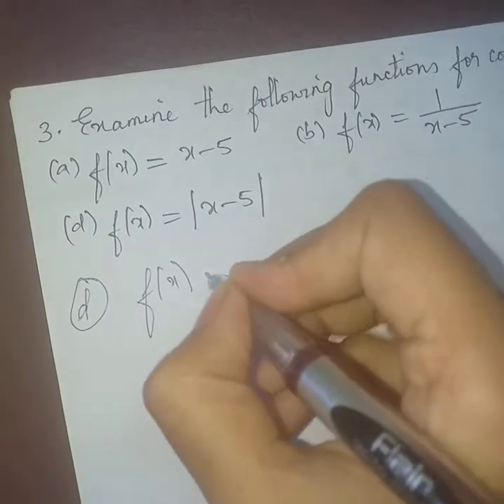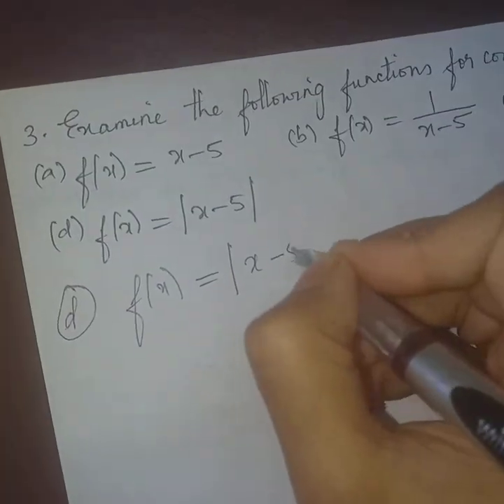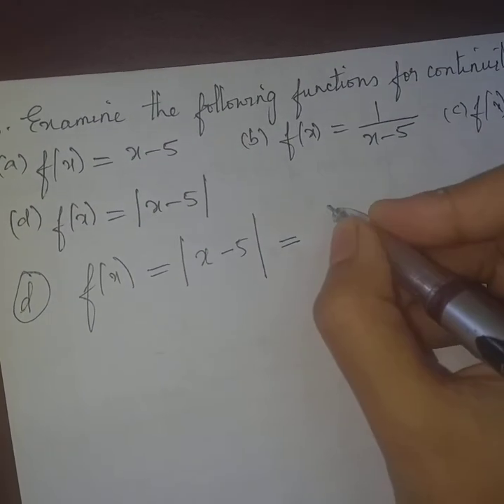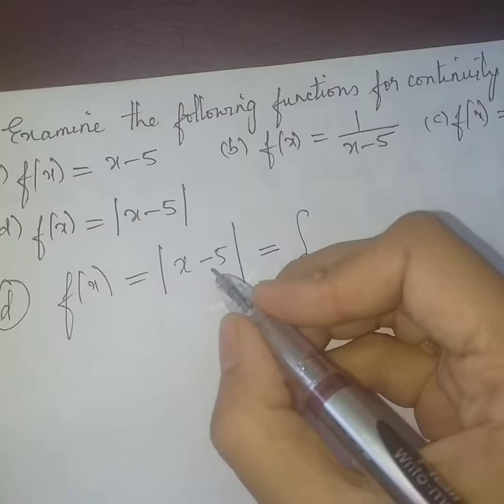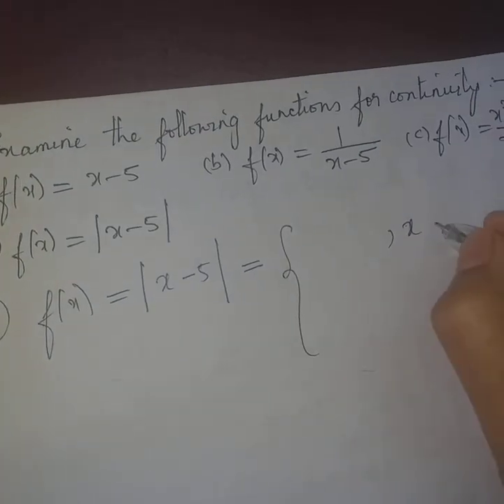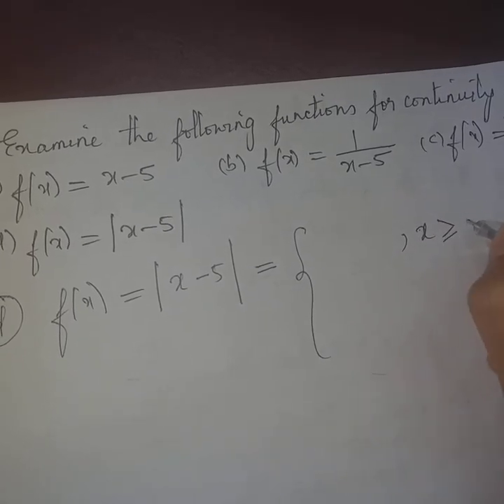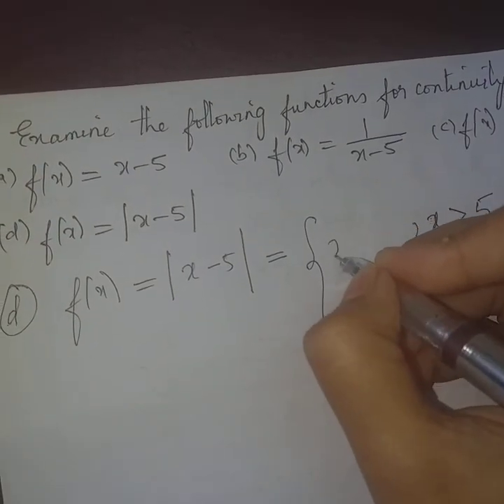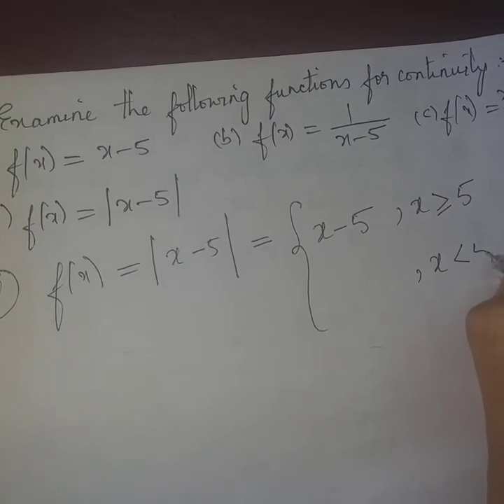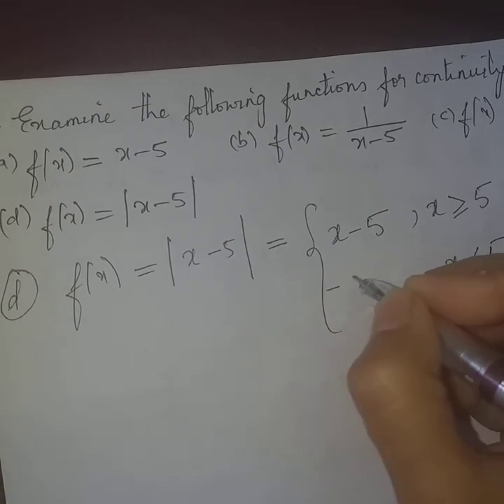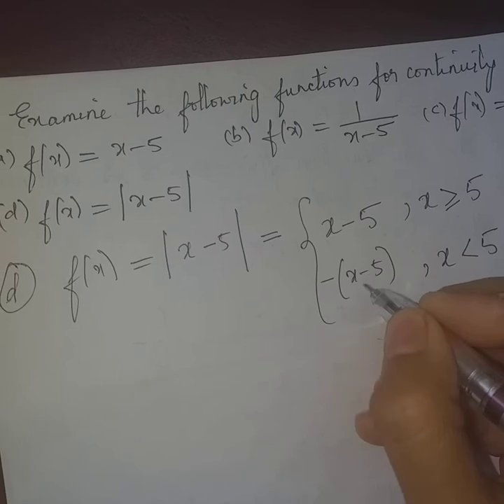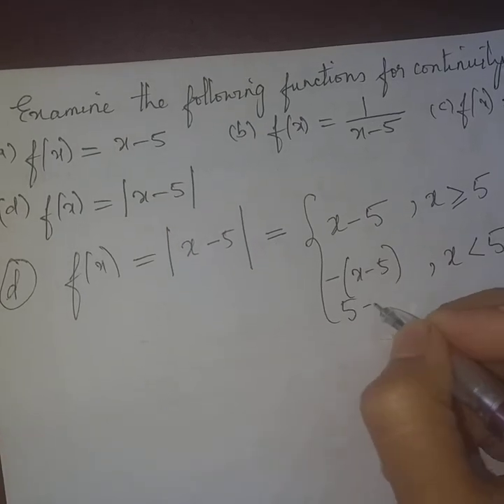f(x) equal to modulus of x minus 5. Now we know a modulus function is defined as follows. Here the point will be x equal to 5. If x is greater than or equal to 5, then the function will be x minus 5, and if the value is less than 5, the function will be minus of x minus 5, or we can write this as 5 minus x, since minus into minus becomes plus.